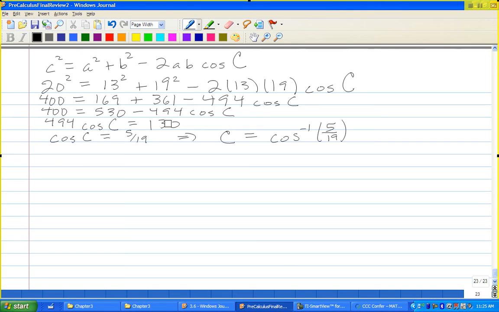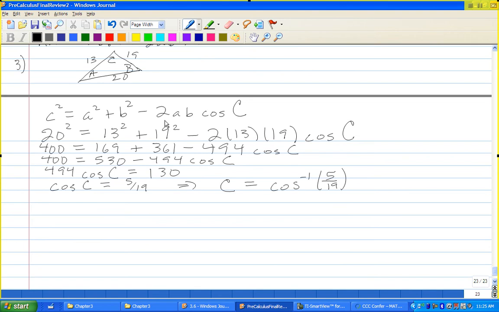Okay. So now I can do law of sines. So let's say sine of C, which is that stuff, over 20 equals, let's do B, sine of B over 13.